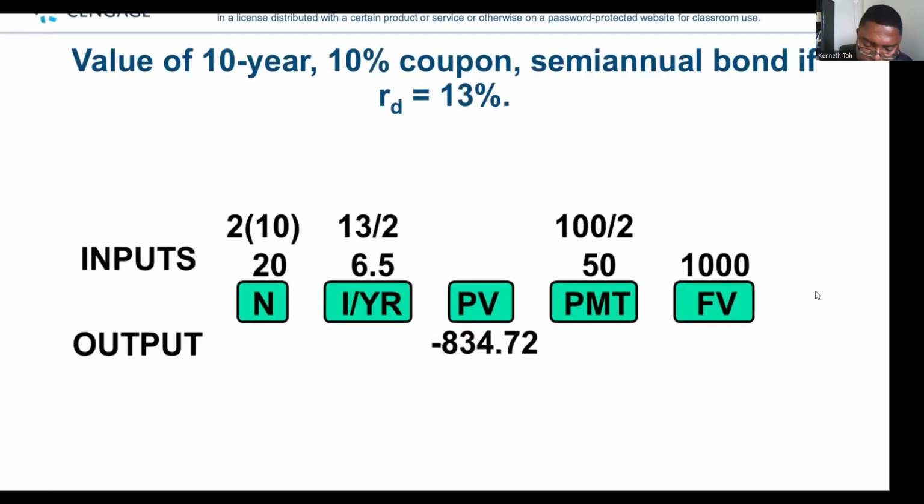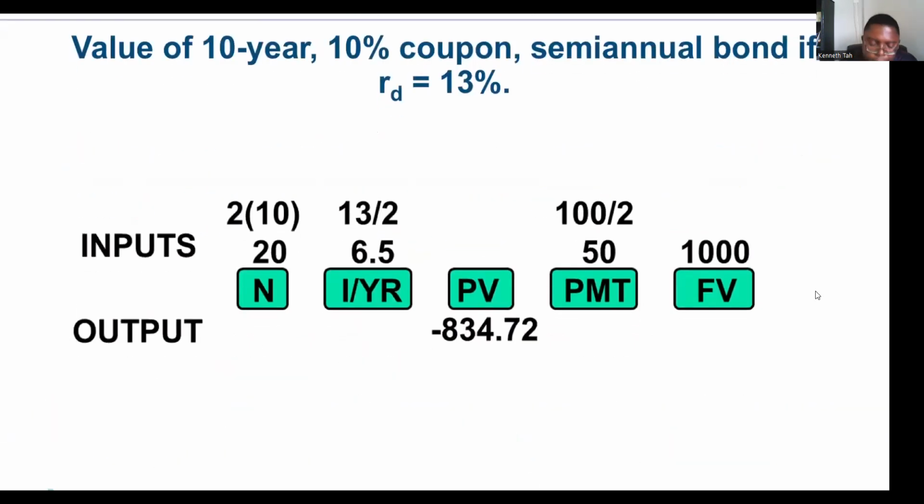Let's look at this example. We're interested in calculating the value of a 10-year bond. It has a 10% coupon, semi-annual coupon, and the yield to maturity is equivalent to 13%.